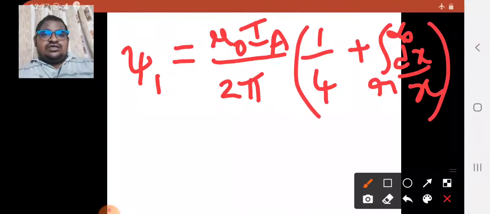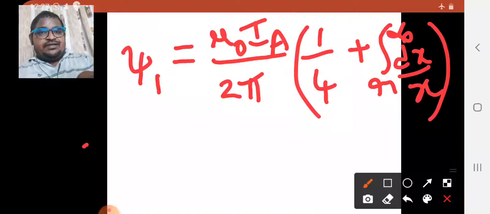This is the flux linking with conductor A due to the flow of current in the same conductor, or due to its own current.